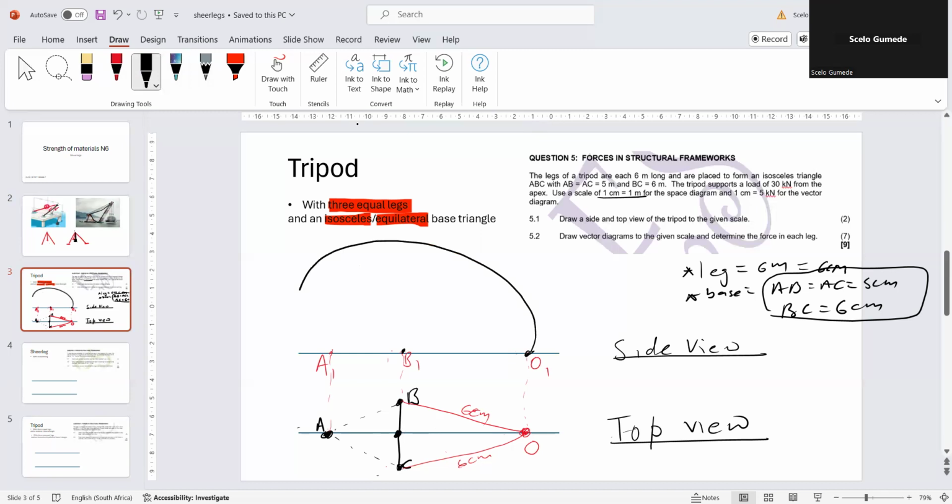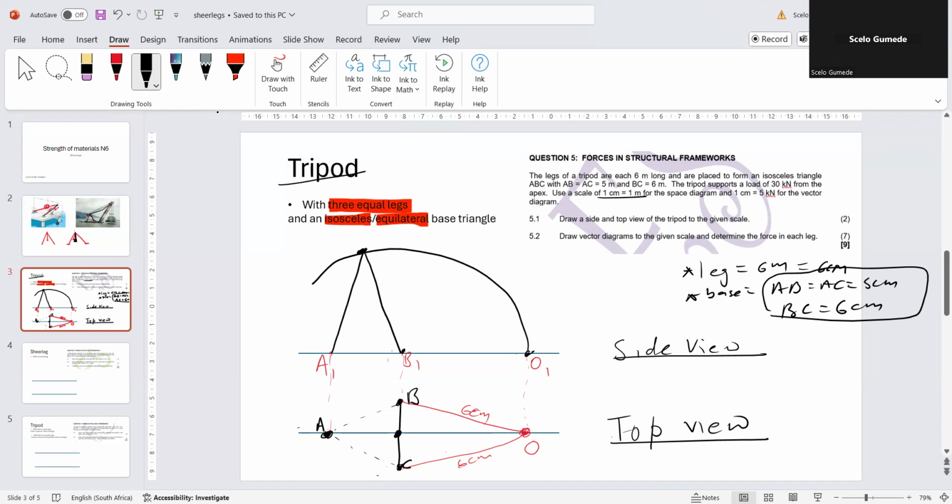Right. Your arc will look much better than mine, please. The arc you're going to draw must look much better than mine. Okay, I tried. And then remember the 6 again. The 6 of a tripod, remember I said the weight would be at the center if you are having a tripod. The weight would be at the center. And then join this one of that line.